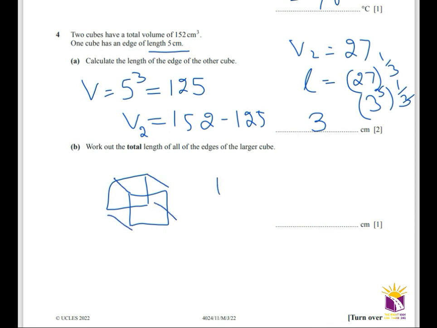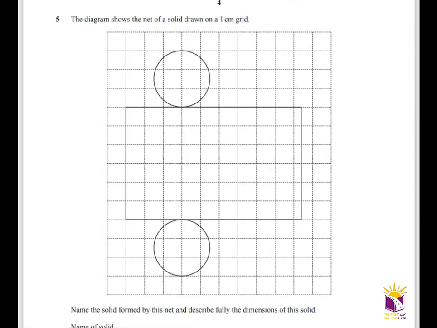So it has 12 edges. So 12 multiplied by 5 will be equal to 60 centimeter. So the total length of the edges will be equal to 60 centimeter, because a cube has 12 edges.